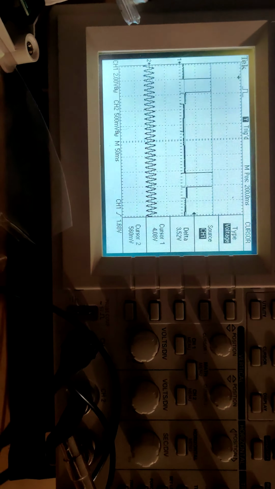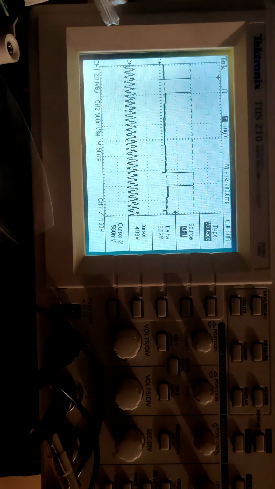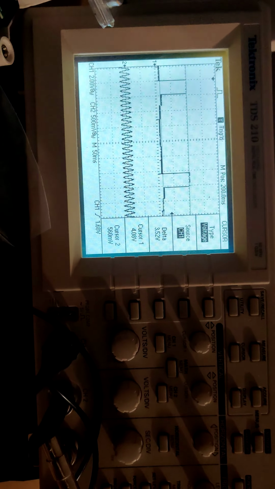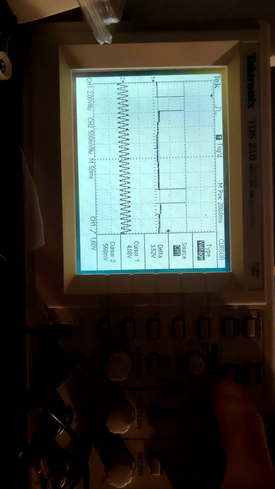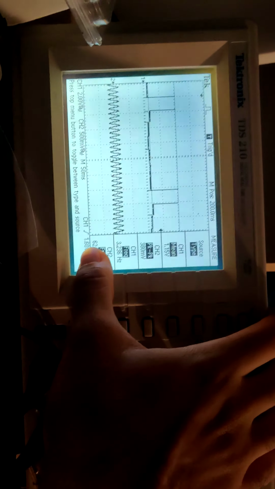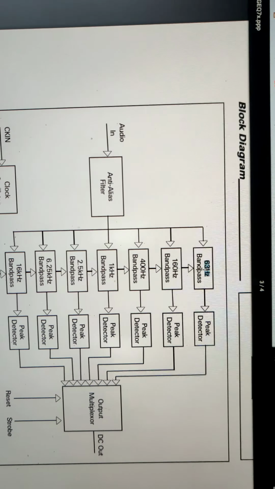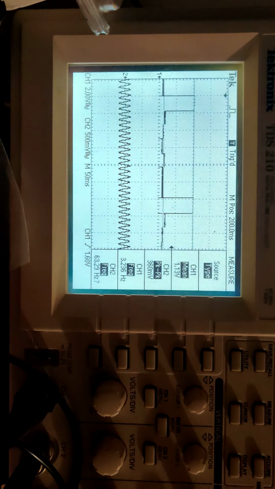So here we see that it's dead on. Our input signal is 63 hertz, which is one of the bands. I'm feeding this first band, and I'm following the specs.